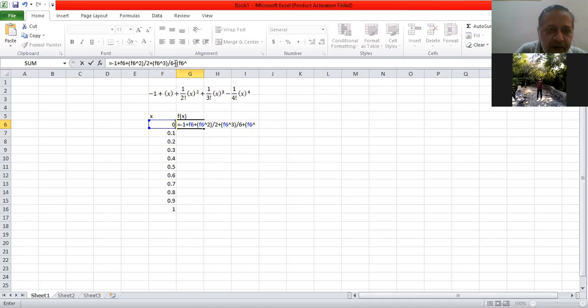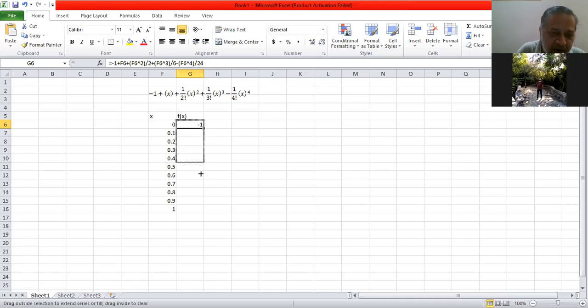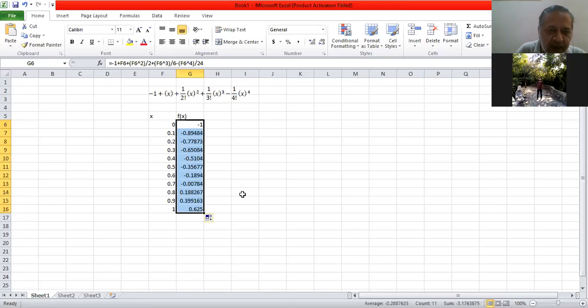It's minus, f6 raised to power 4 divided by 4 factorial, which is 24. This function value is calculated. The initial condition given was y equal to -1 at x equal to 0. The whole solution is produced through the Taylor series.